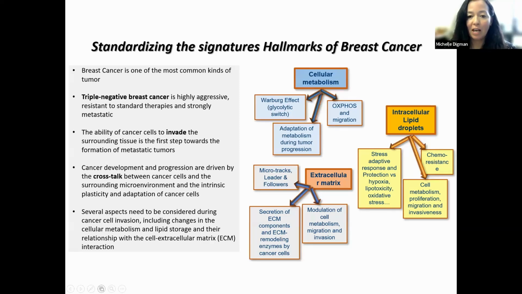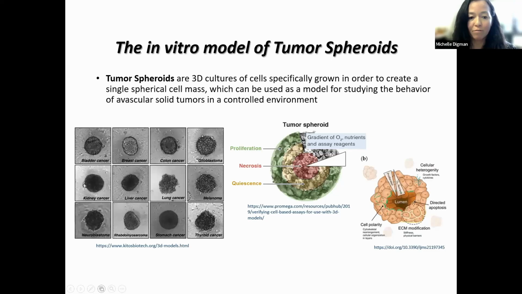And we want to understand what is happening at the metabolic state, what's happening in the intracellular lipid, because we can actually label these lipid droplets, and what's happening in the extracellular environment to see how they change as a function of time.